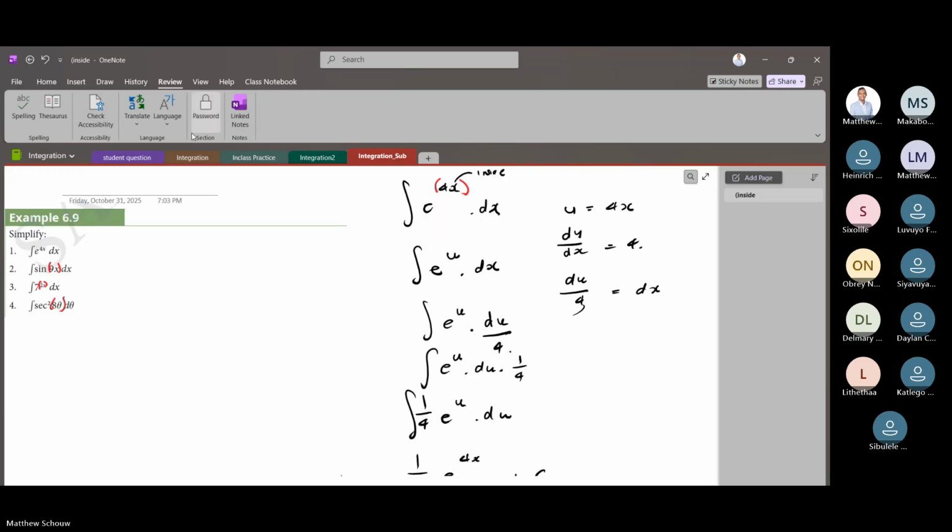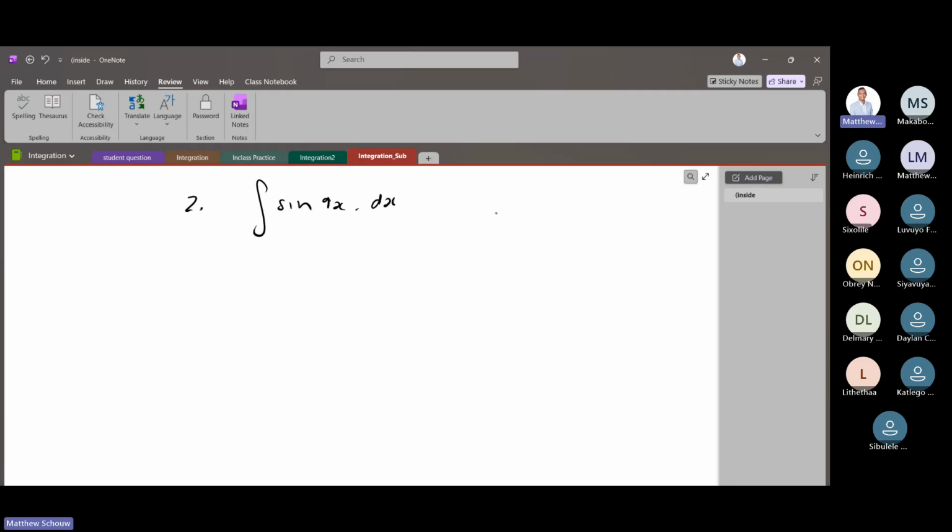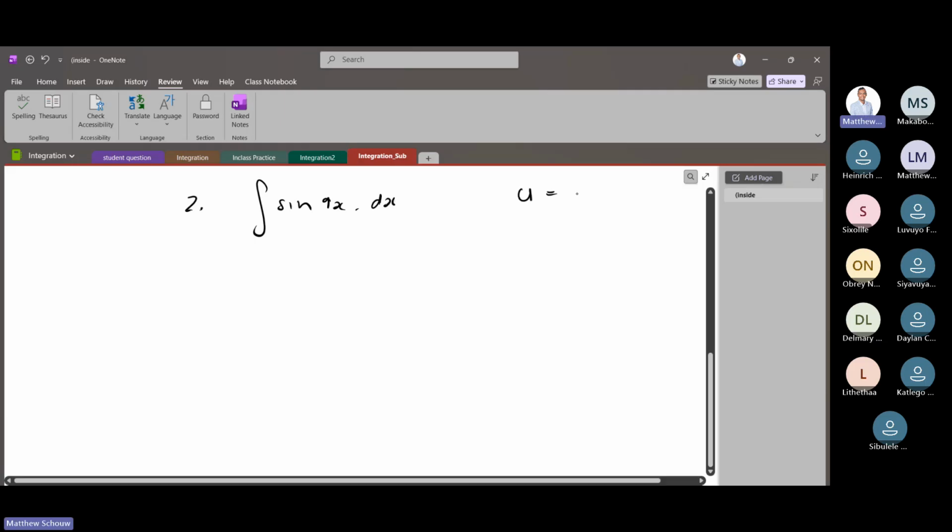Let me do another one for you. It's number 2. I hope you guys are following, right? So sine 9x dx. What's my inside function over here? Can someone tell me? It's 9x. Exactly. So you take u as 9x. Next step, you say sine u dx. But we cannot integrate because we have a dx over there, right?